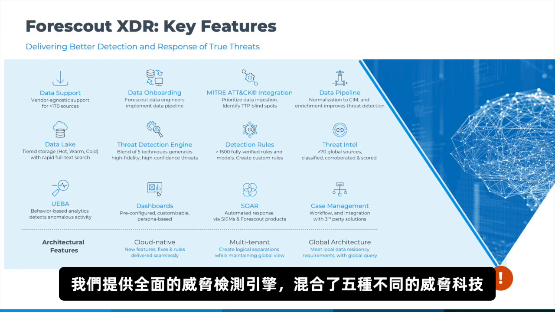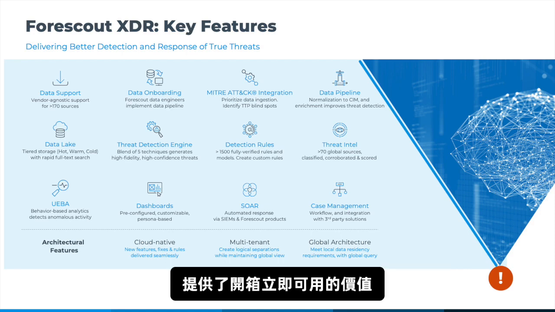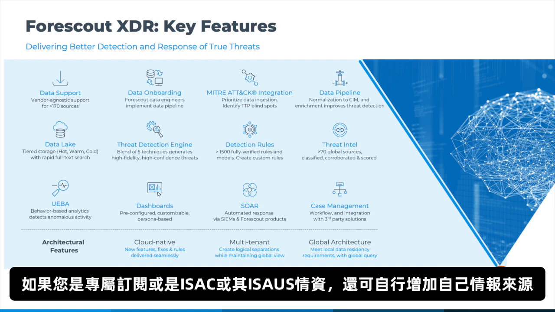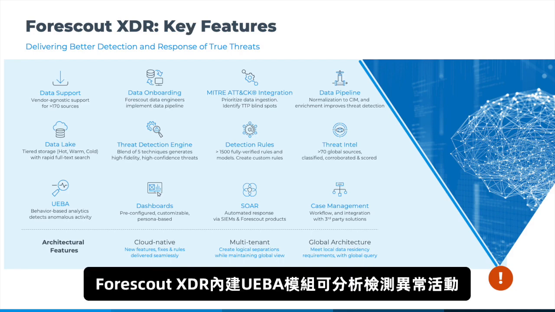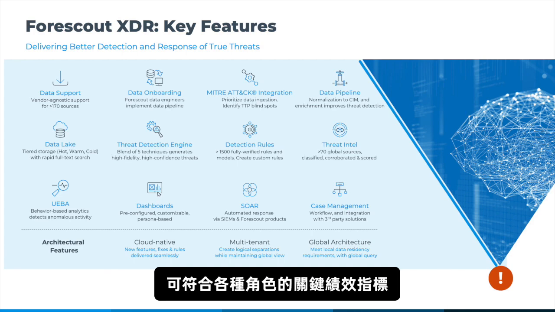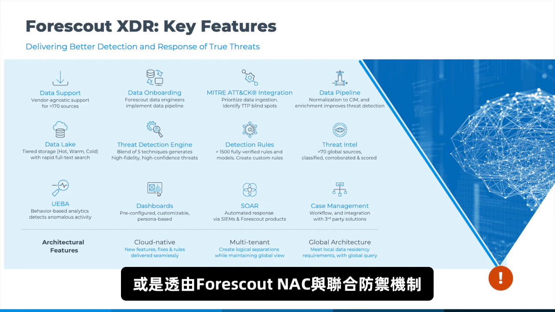There's the full threat detection engine that uses a blend of 5 different threat techniques, as well as 1,500 fully verified and battle-tested rules that provide that immediate out-of-the-box value. We also have over 70 sources of threat intel, and you can add your own if you're part of exclusive feeds or ISACs or ISAOs. We have built-in UEBA for any of the behavioral attacks, the dashboard, both configurable as well as persona-based, full SOAR integration, especially made very powerful with our iSight and iControl on-prem to be able to take hundreds of different actions.